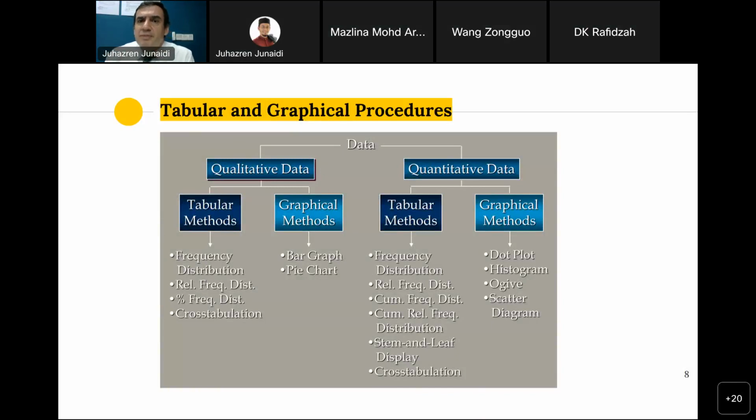So there are some tabular and graphical procedures that I can do with my data. In terms of qualitative data, I have two types of data. I can have the qualitative data and I can have the quantitative data.